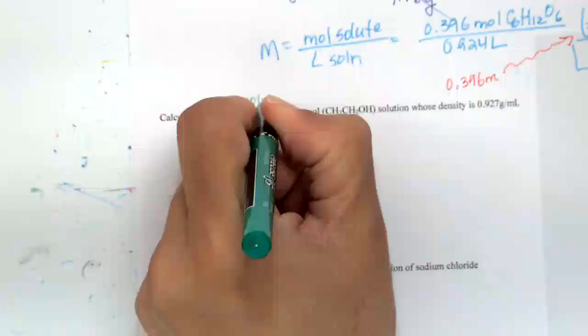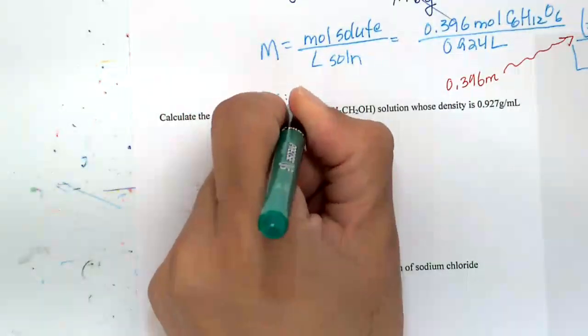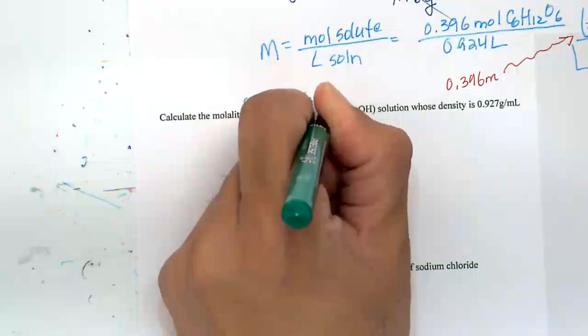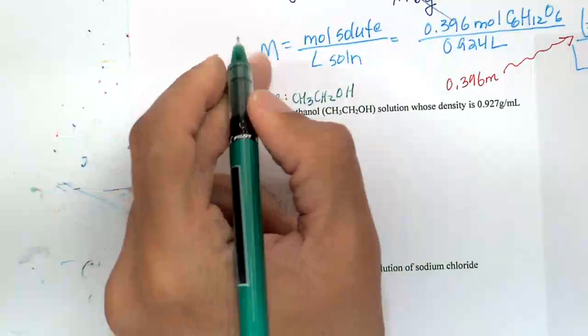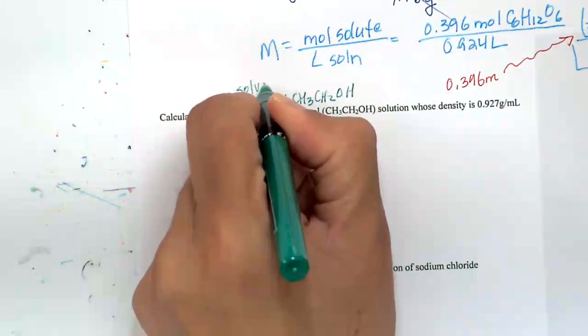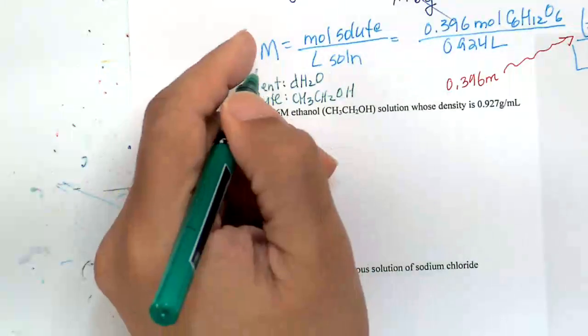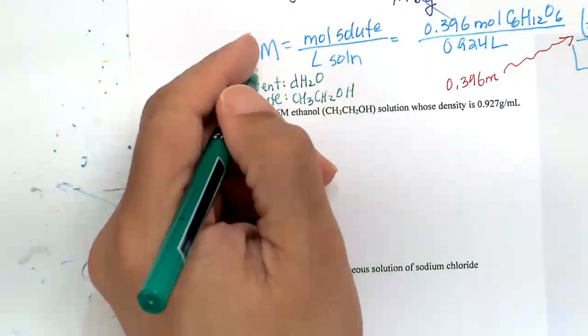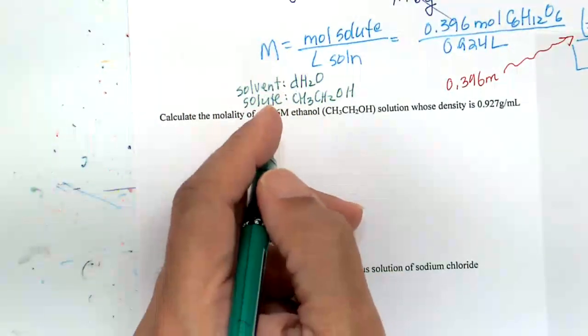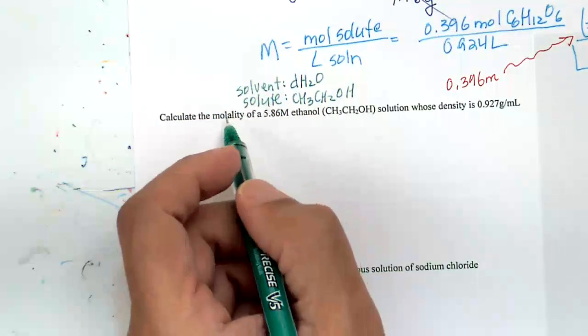What's our solute? We'll make our solute ethanol, and by default, what will be our solvent? Without any information, we'll just assume that it's going to be water.